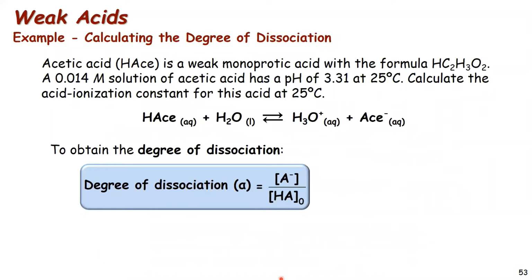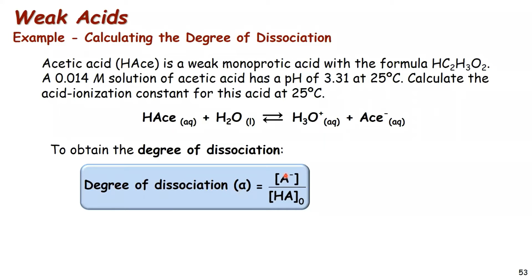Okay, next let's talk about the degree of dissociation. I've seen this called degree of dissociation or degree of ionization. It really doesn't matter. They mean the same thing. We're going to use the Greek letter alpha as its variable. So alpha is the degree of ionization.